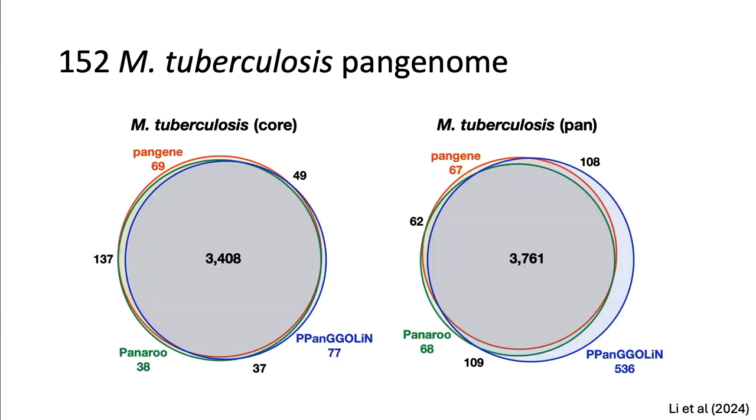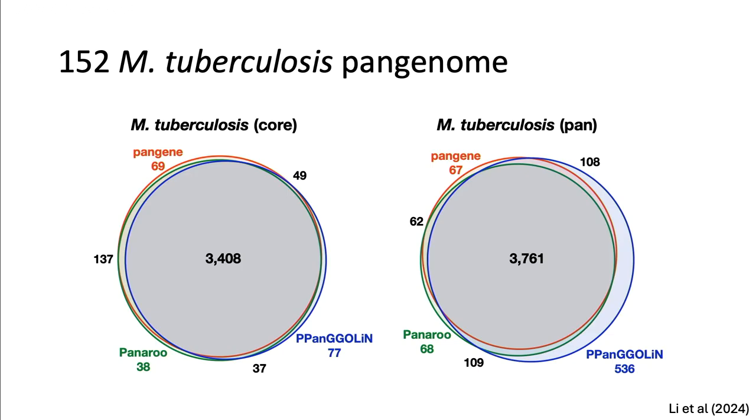How well do these tools work? This is on hundreds of MPB genomes. You can see for these 3 different tools, pangene, which I will talk about later, PanGenome from, which is currently one of the best tools, and also Pangolin, that most of the 3 tools agree with each other very well.